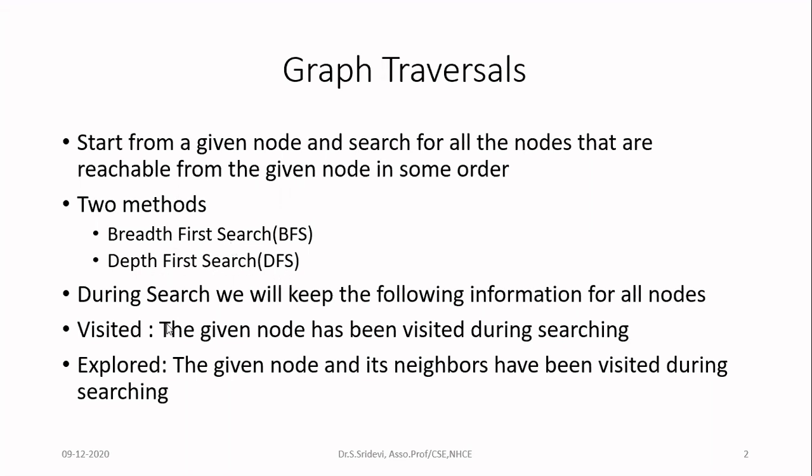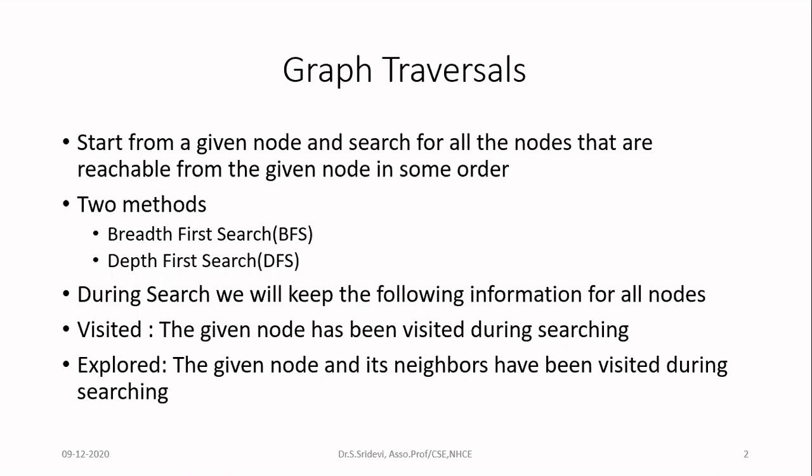During the search, we will keep track of some information for all the nodes. The information includes whether a node is visited or not. Visited means you have started at a node, you have visited the node, and you have printed it.